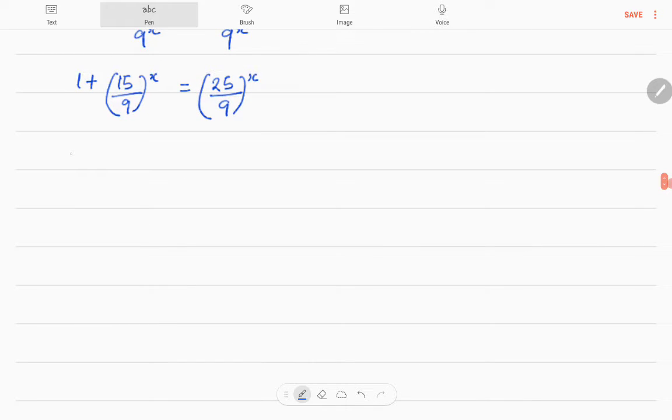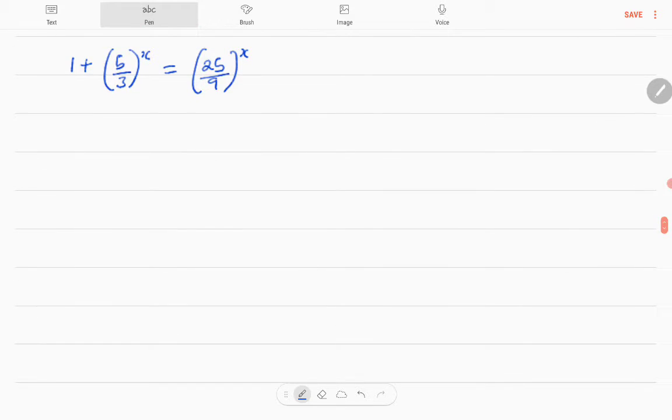And of course, when we simplify 15 divided by 9, we'll have 5 divided by 3 to the power of x is equals to 25 divided by 9 to the power of x. Okay, so we'll have 1 plus 5 divided by 3 to the power of x is equals to 25 divided by 9 to the power of x.